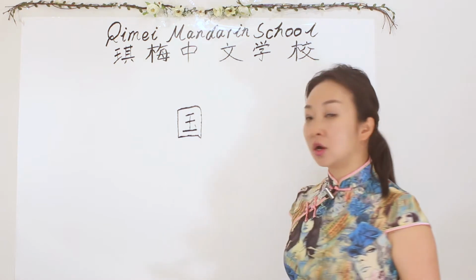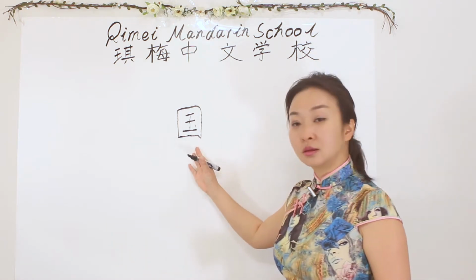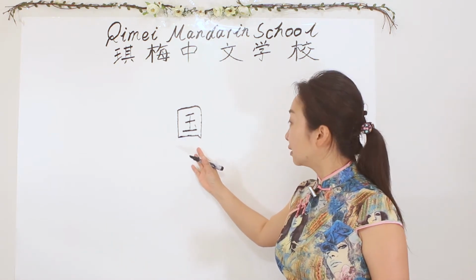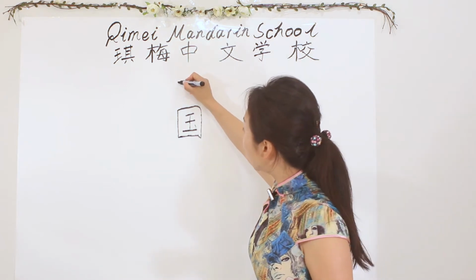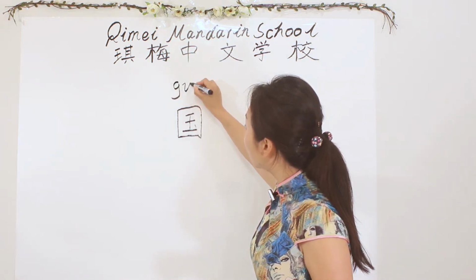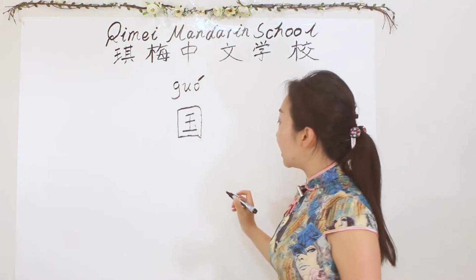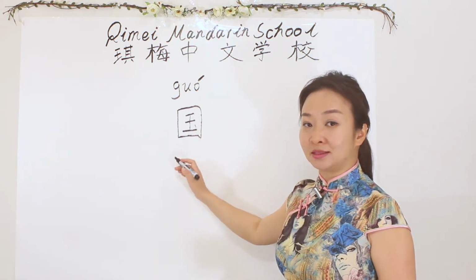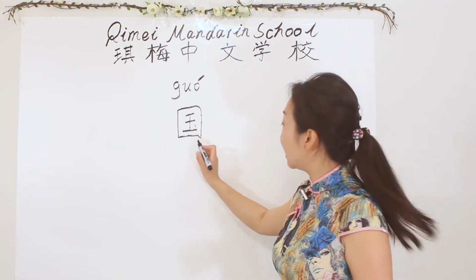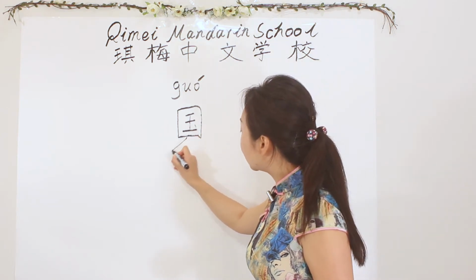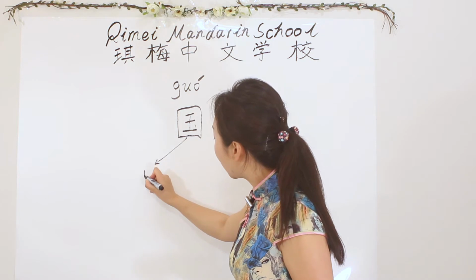So, does anybody know this word, this character? We say it's 国. Okay, so let's separate those elements and then let's talk about the story behind it. The first element, look at this one.